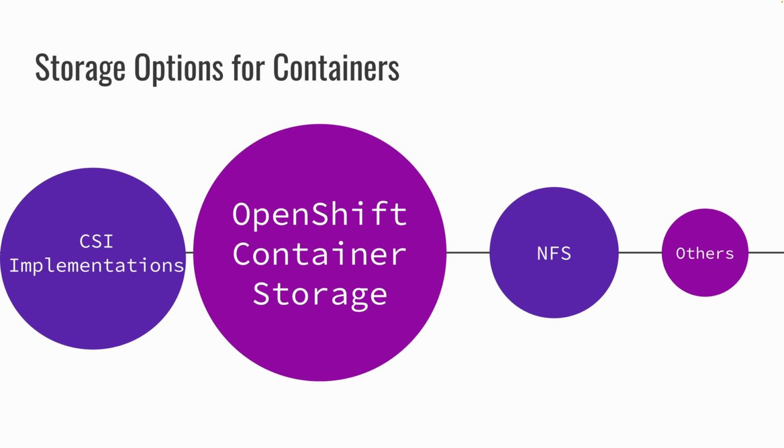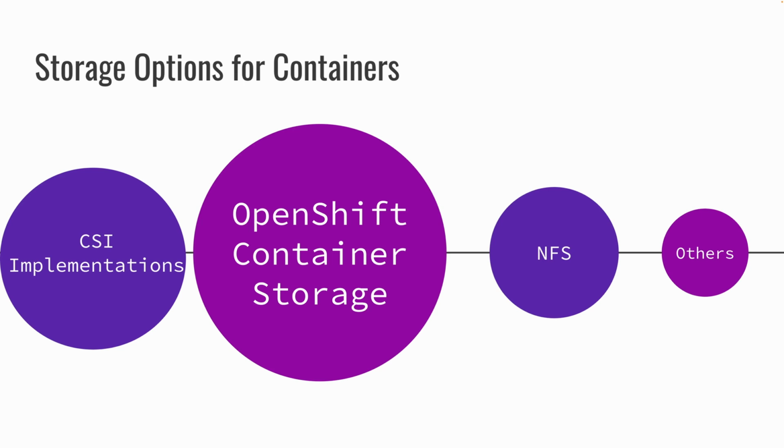So OpenShift Container Platform with OpenShift Container Storage is the best optimized solution available today for persistent storage for application workloads. There are a lot of other options available, and you can Google around, or even go to the Kubernetes documentation and find out what other options are available for persistent storage. There are quite a few of them.